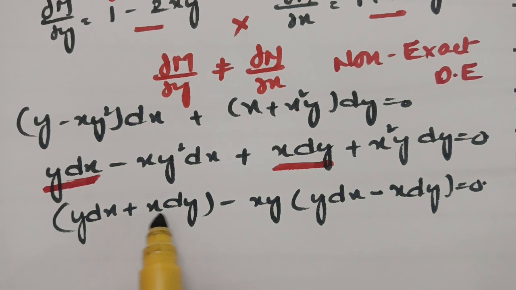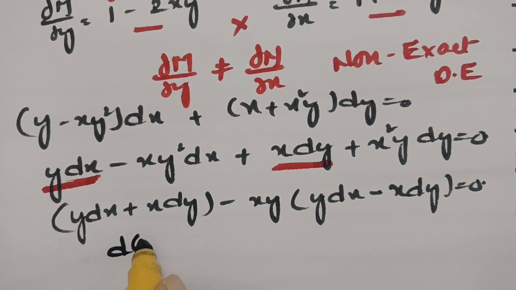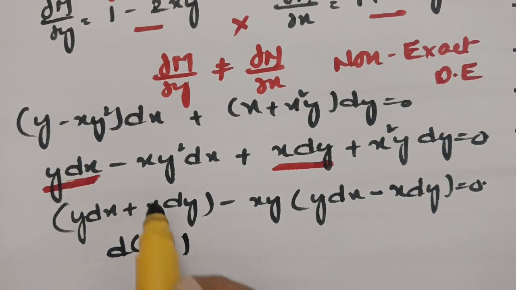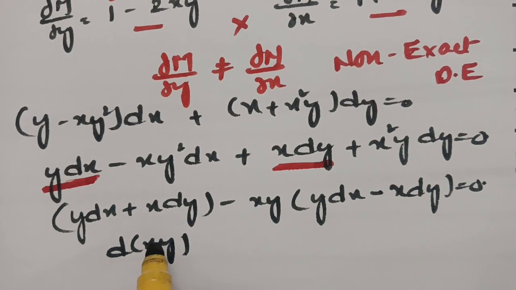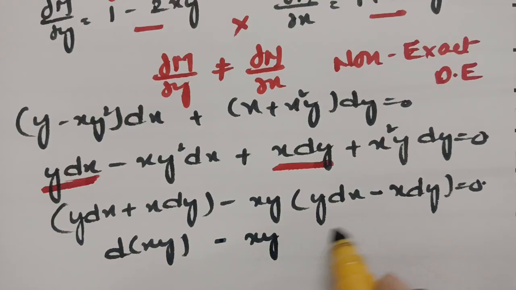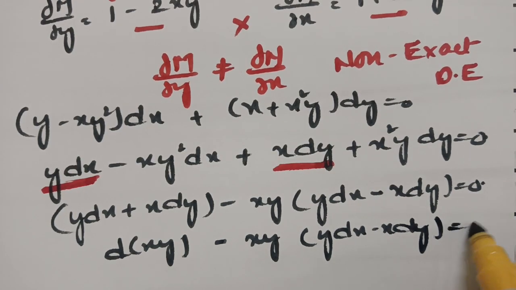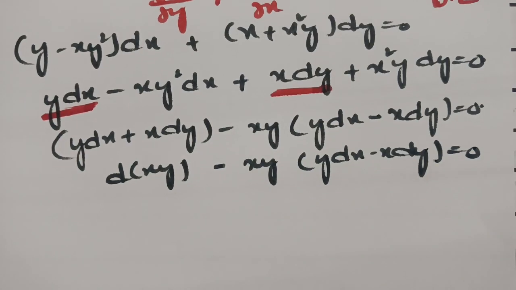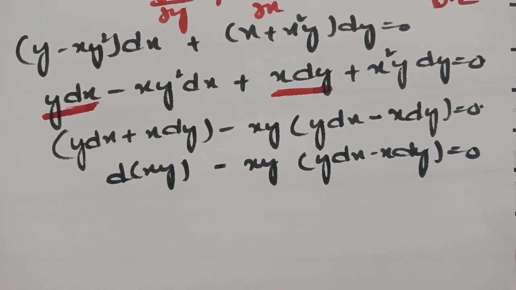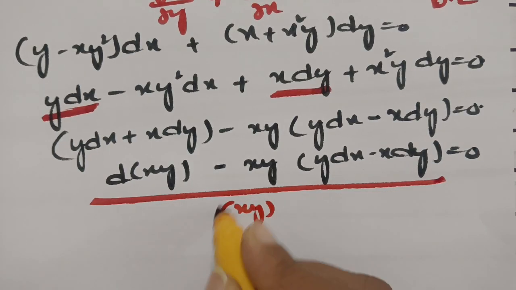Now here, this is x dy plus y dx. I am writing it as the derivative of xy. I leave x and differentiate y, and next I leave y and differentiate x. This is xy into, so this one is y dx minus x dy is equal to 0. Now in order to get the solution, I am going to divide throughout the equation by xy whole square.